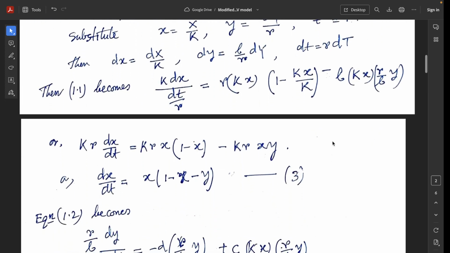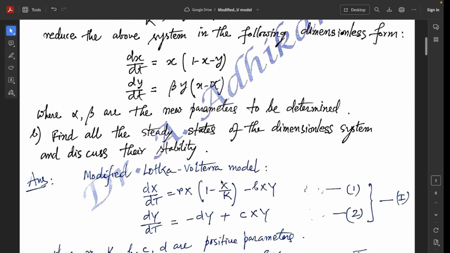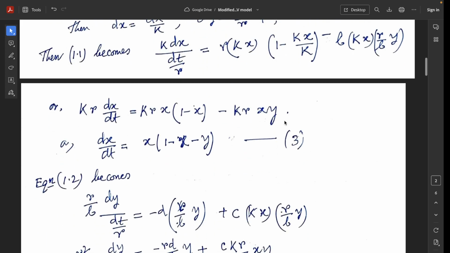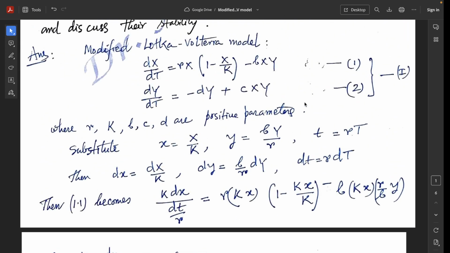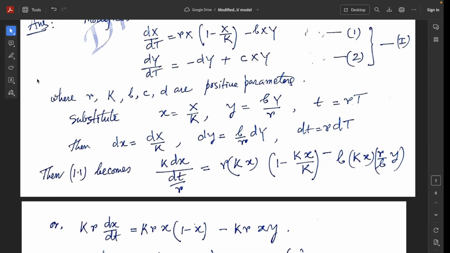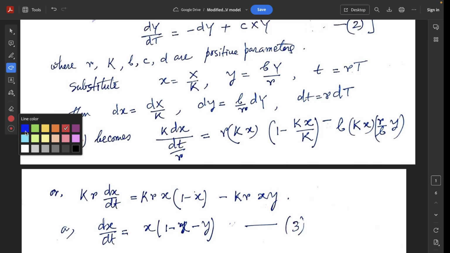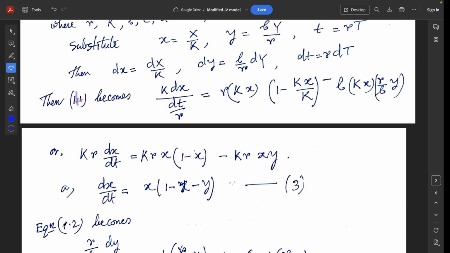After simplification, we get dx/dt equal to x (1 minus x minus y). So we get this first equation, call it 3. This is equation 1, and this is equation 2.